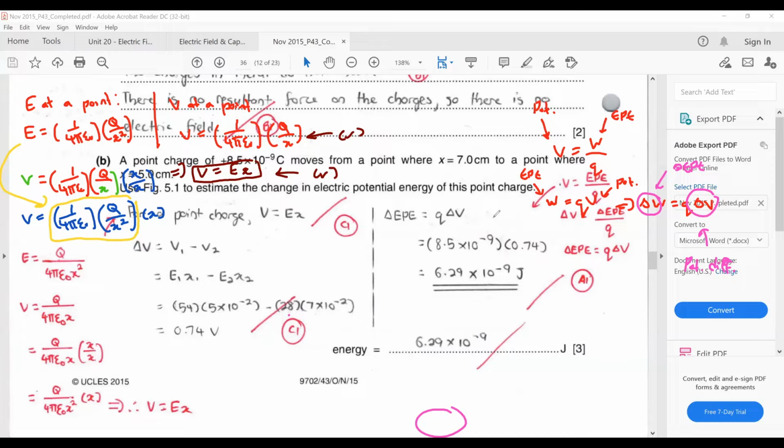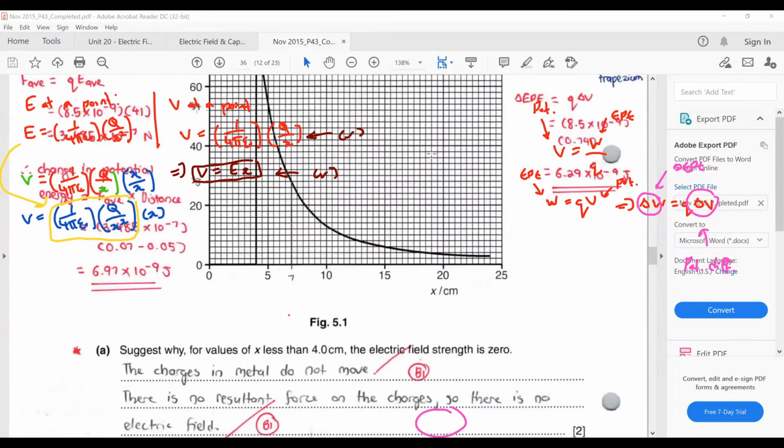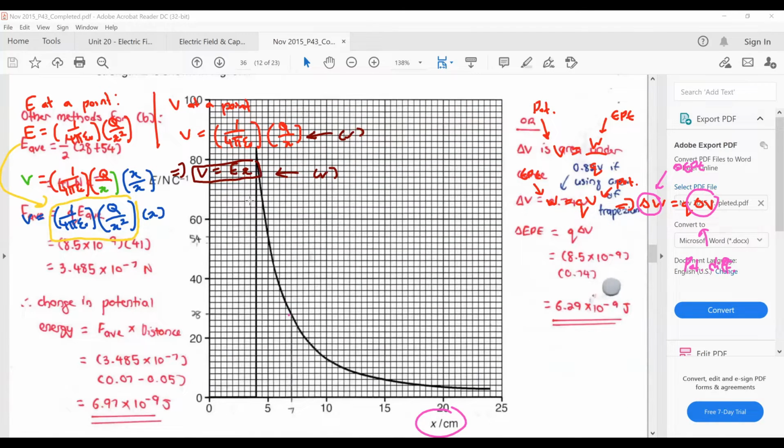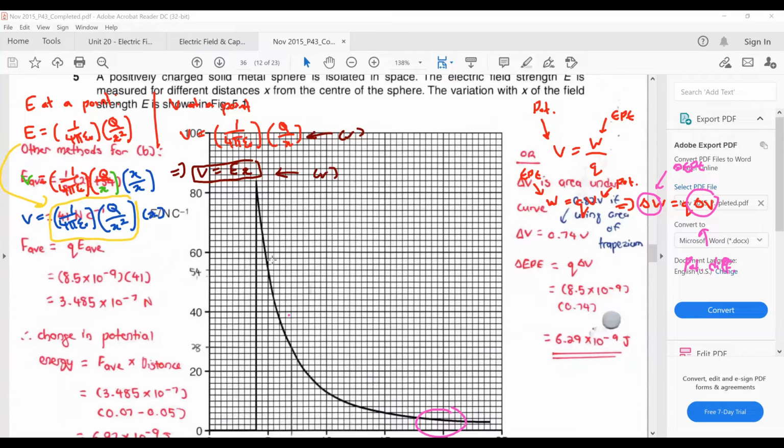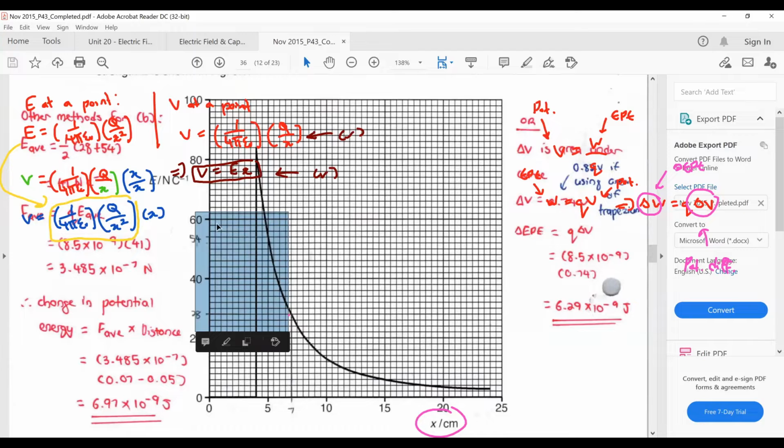As I mentioned to you, you may not be able to find out the value of V or potential directly from your graph, but you can find out the value of the field strength, isn't it? So if you have the value of x, you'll be able to find the value of E. The E1, X1 here gives you the value of potential at this point.